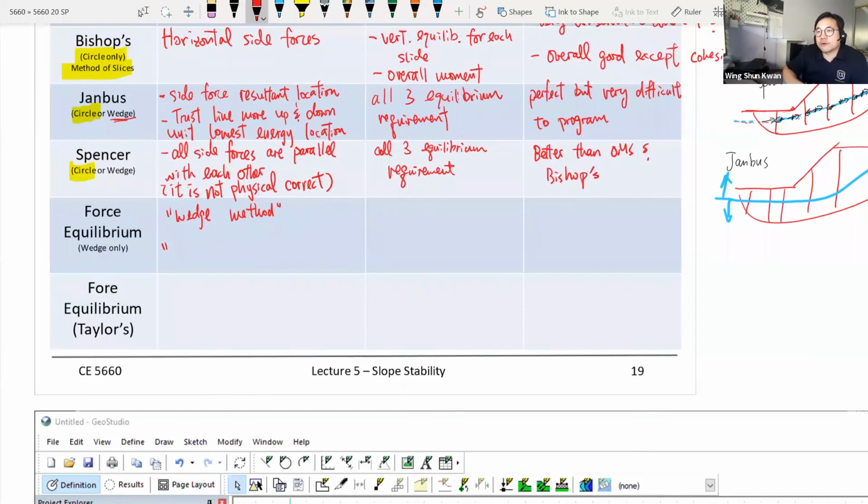For the assumptions of this method, like we started last time, all the side force resultants are horizontal. And for the equilibrium conditions, you only satisfy the vertical and horizontal.